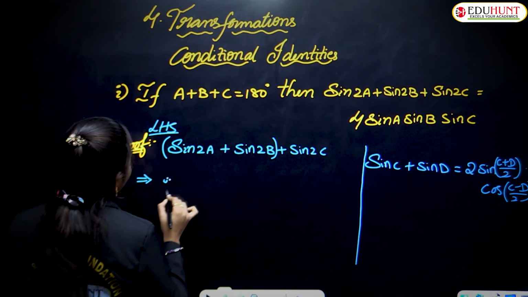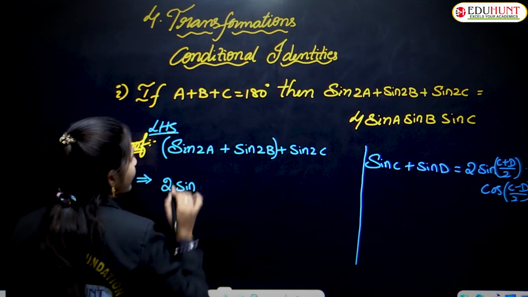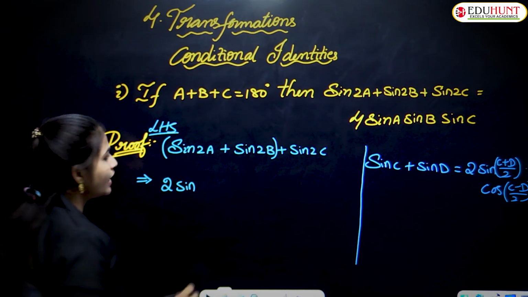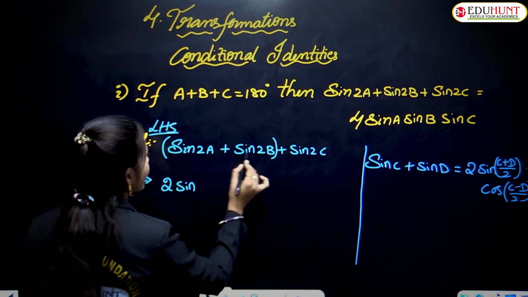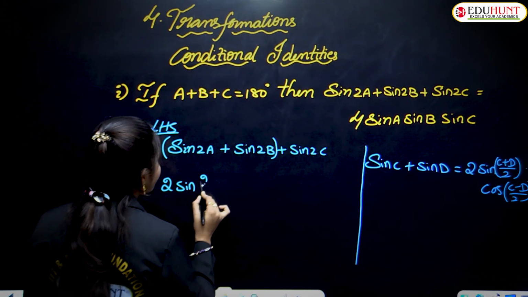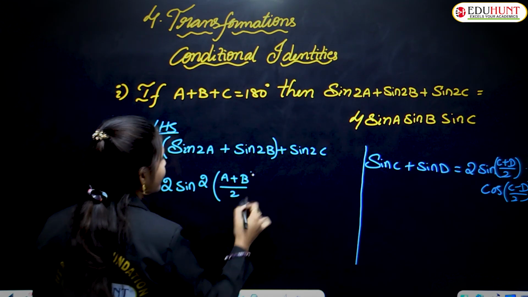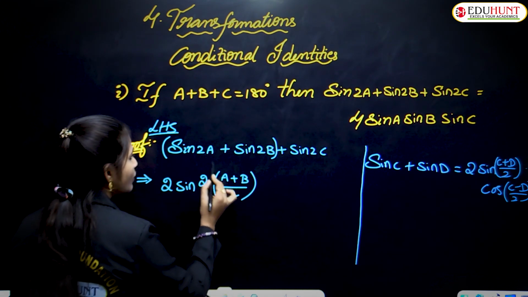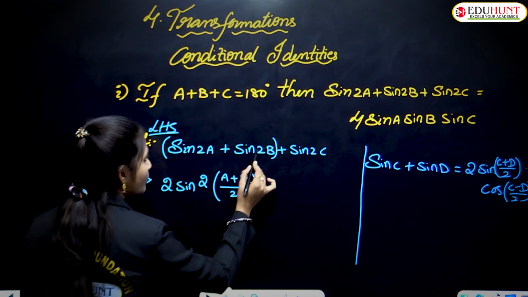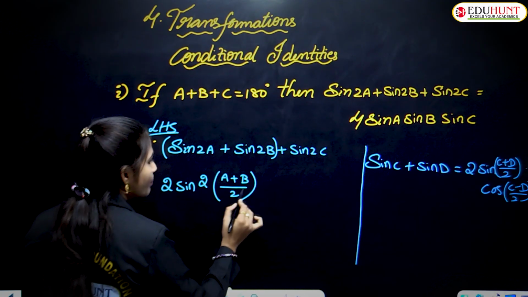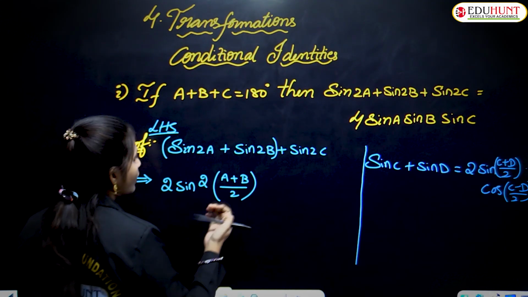So 2 sin of (2A plus 2B) by 2. Here we have 2A and 2B, so we can take 2 into (A plus B) by 2. 2 into A is 2A, 2 into B is 2B.